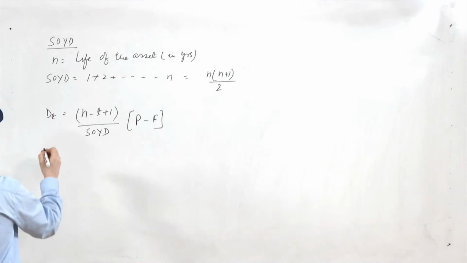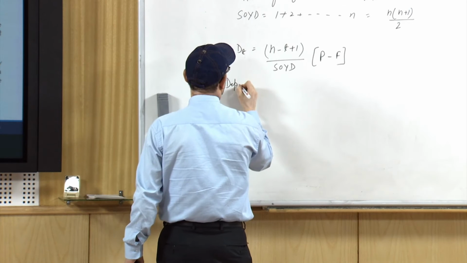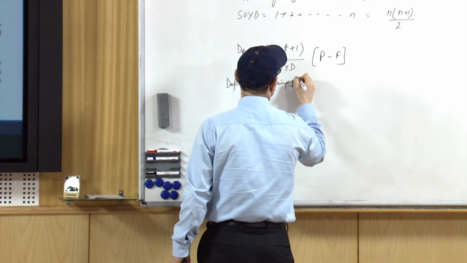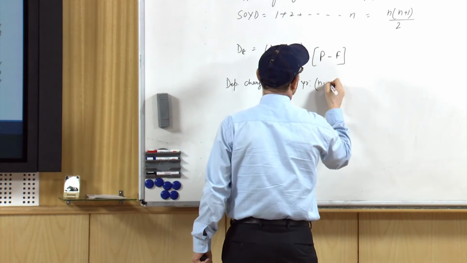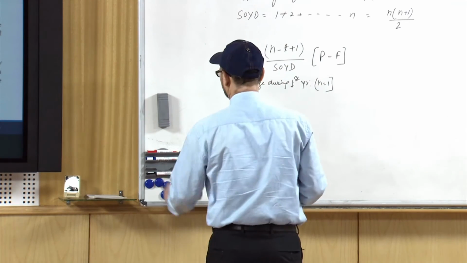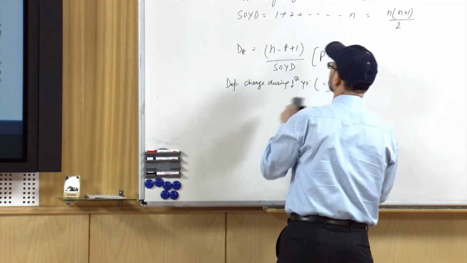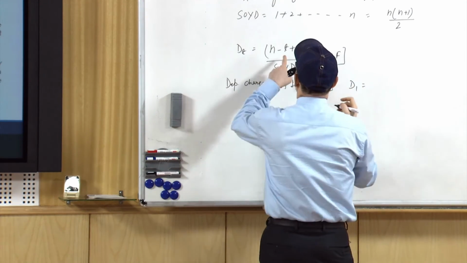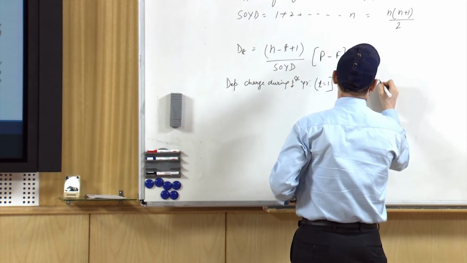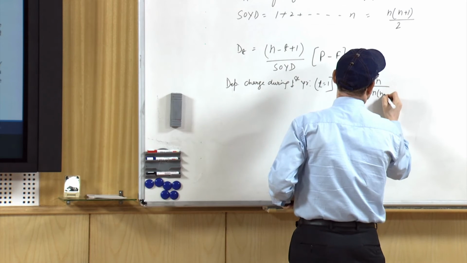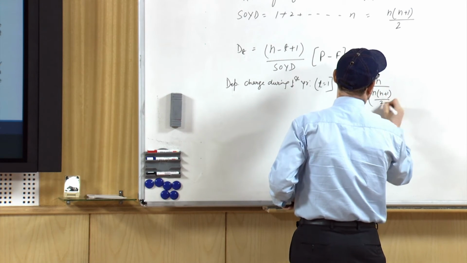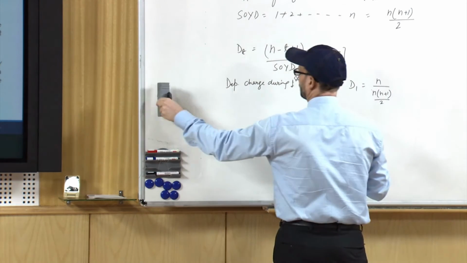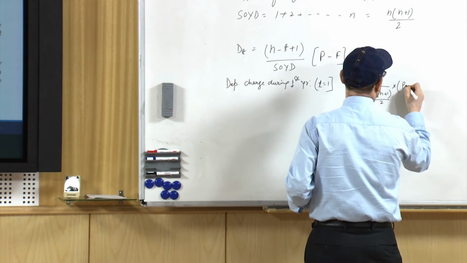If you see the depreciation charge during the first year, that is t equal to 1. In that case, d1 will be, if you put t equal to 1, n upon SOYD, that is n upon n into (n plus 1) by 2, into (P minus F).